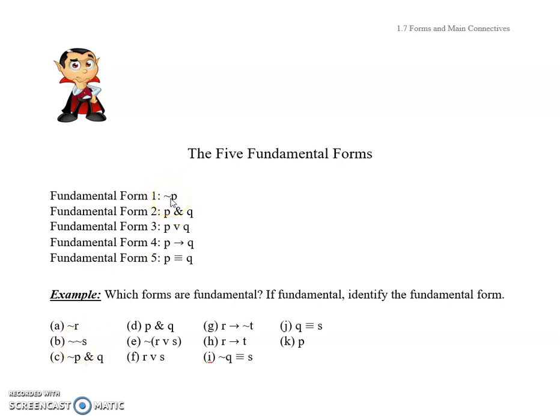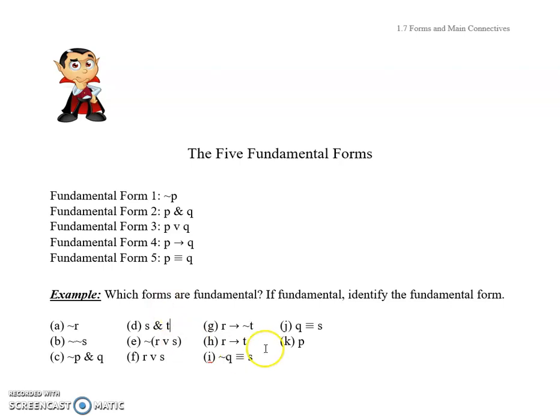As the idea is becoming clearer, feel free to pause and go through the rest to make sure you're understanding it. But C is not a fundamental form. It does not fit. This is the best candidate, but it doesn't fit that one exactly. Contrastively, D does fit it perfectly. In fact, if D had been S and T, that would be a fundamental form as well.